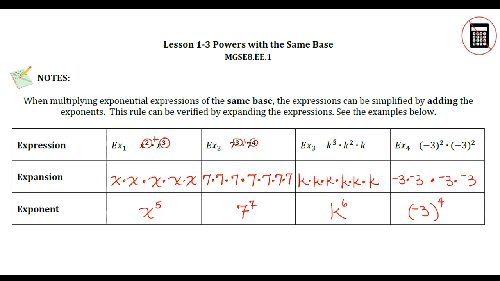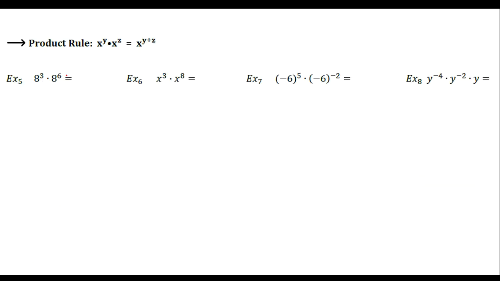Then we had 3 plus 2 plus the understood 1, and that gives us a power of k to the sixth. Then we have 2 plus 2, which gives me an exponent of 4. So the product rule simply says when you have bases that are the same and you are multiplying the expression, you simply add your exponents.